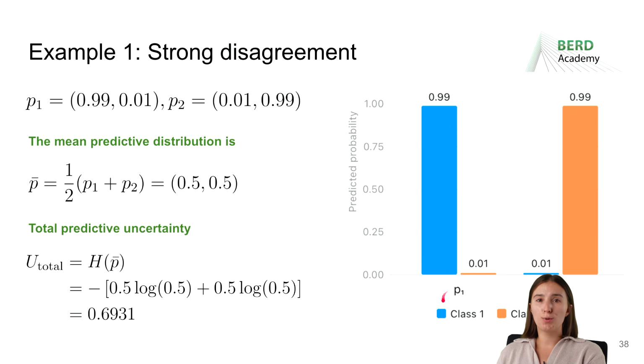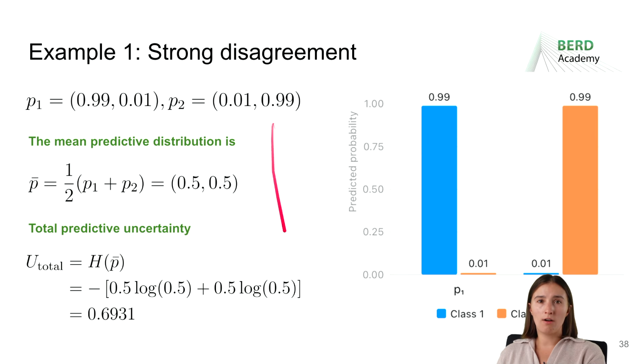The output of the neural network with the one configuration gives 99% of probability mass to class 1 and only 1% to class 2. However, our second neural network predicts exactly the other class with a probability of 99%, and here class 1 only has the probability of 1%.